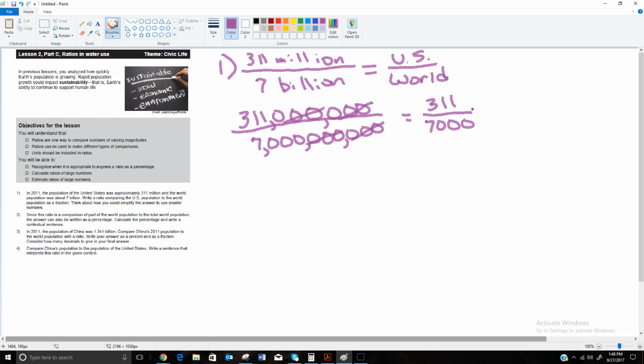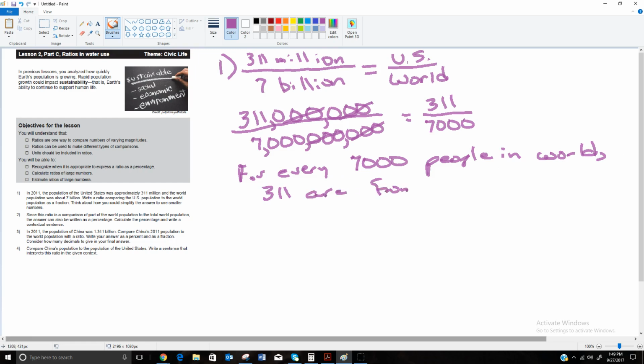So what this means is that for every 7,000 people in the world, so if you took a sample of 7,000 random people in the world, on average 311 are from the U.S. So if you took 7,000 people in the world, 311 of those people would be from the U.S.